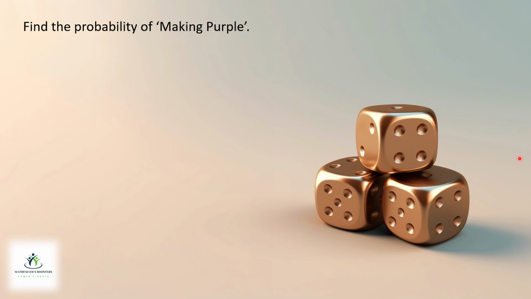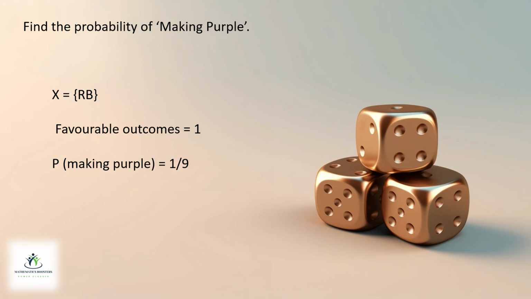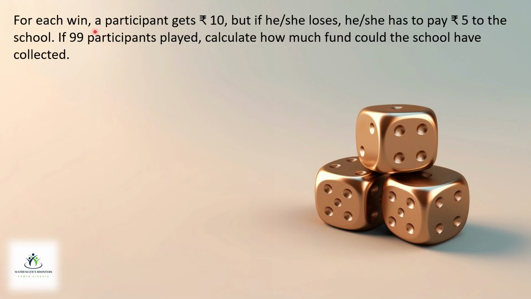Purple सिर्फ एक ही तरीके से create हो सकता है, that is RB. Red first and blue second. So what is the favorable outcome? 1. What will be the probability? 1 by 9.